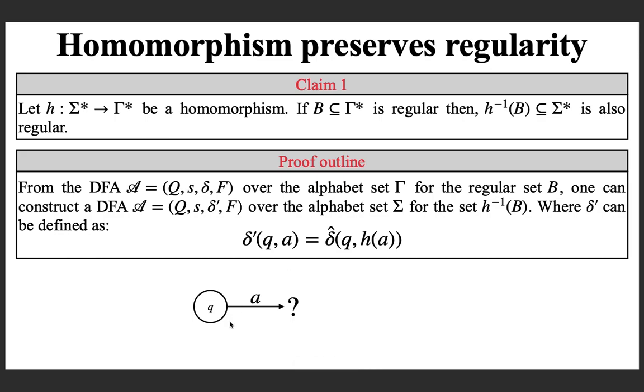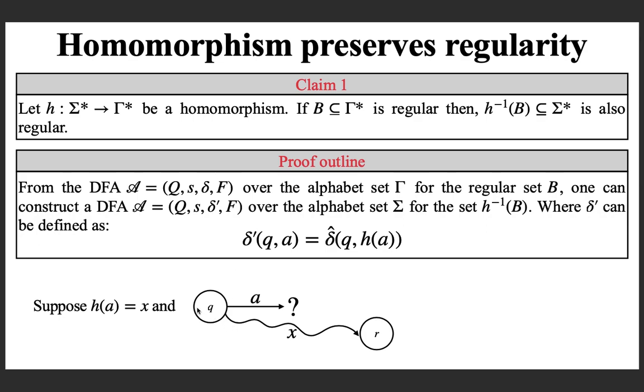We want to see what is delta prime of q comma a. Now suppose you look at the homomorphic image of a and suppose it is x. x is in the set B and hence it must be accepted by this DFA.